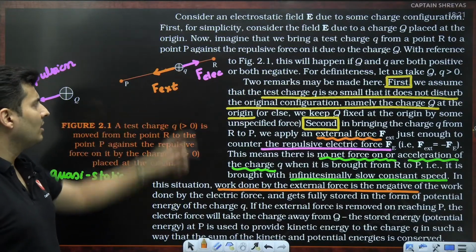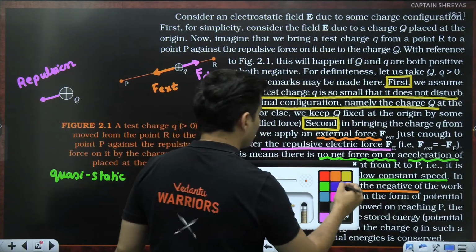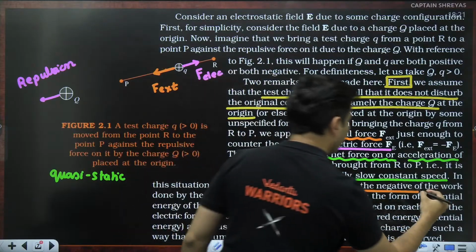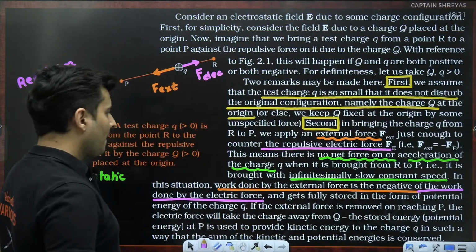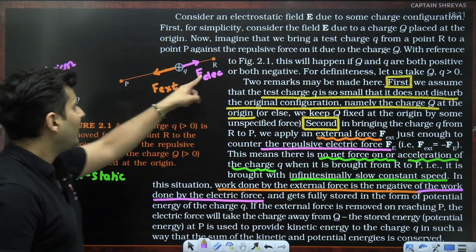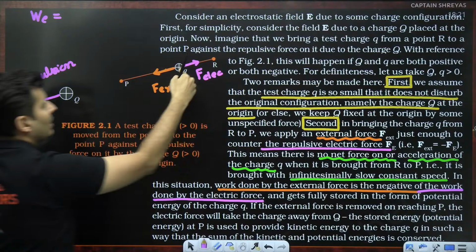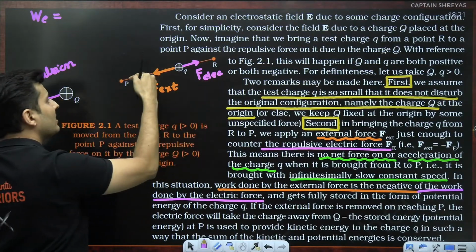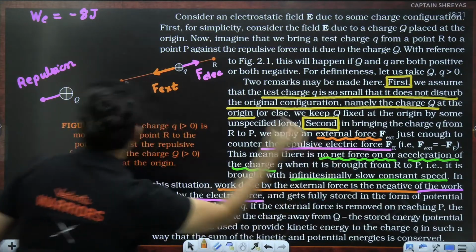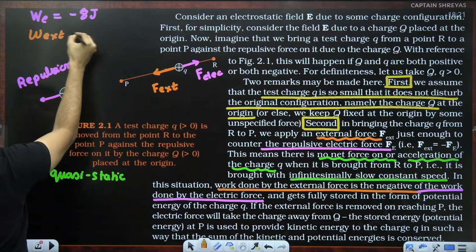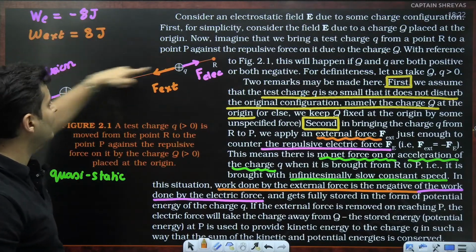Work done by the external force is the negative of the work done by the electric force. See if it makes sense. If the work done by the electric force is opposite to the displacement, for example minus 8 joules, then the work done by the external force will be exactly 8 joules, because only the directions of the forces are opposite, the displacements are same.